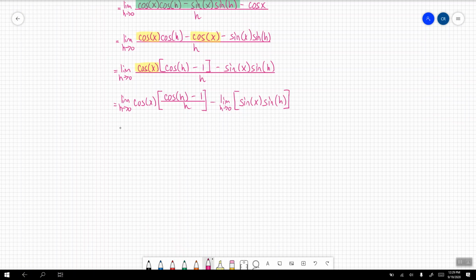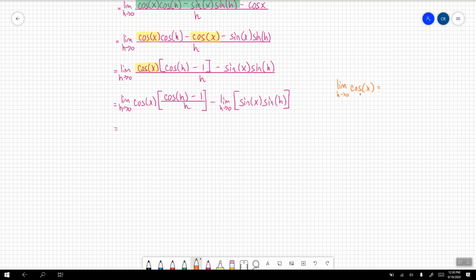So taking the product of limits, what you're going to see here is that the limit, I'm going to outline this in a different color, let's do this in orange. The limit as h is approaching 0 for cosine of x, notice this function does not depend at all on this h value that is tending to 0.